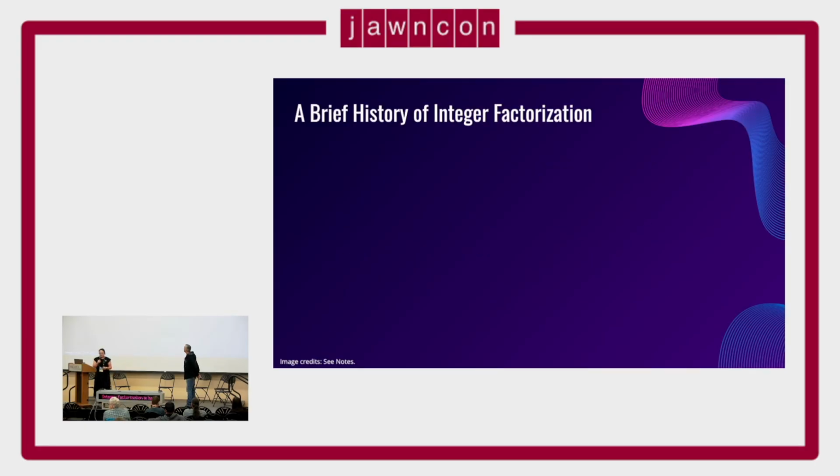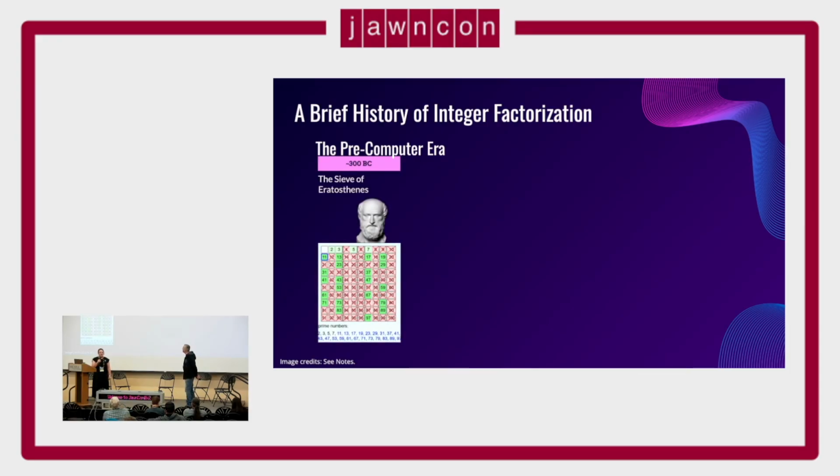Okay. So let's go over some history, and PW Crack, jump in if there's anything you'd like to add at this point. There was a pre-computer era to factoring large numbers. We started in about 300 BC with the sieve of Eratosthenes. How many of you have heard of Eratosthenes? Now, he has this sieve, but he's actually more famous for something else.